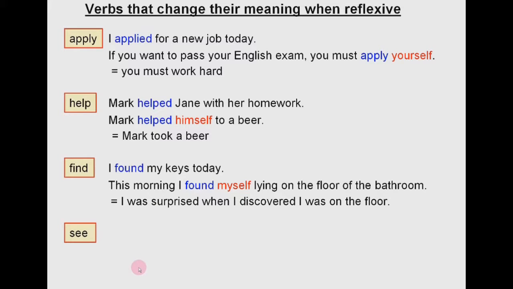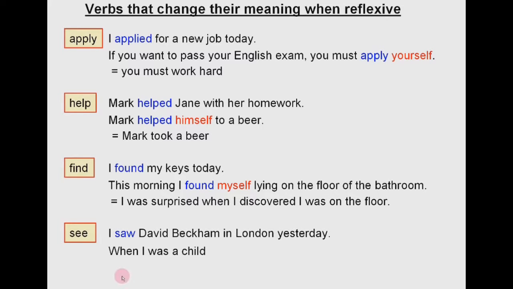See. So we see something with our eyes. I saw David Beckham in London yesterday. But when it is reflexive, it is very different. When I was a child, I saw myself as a singer.